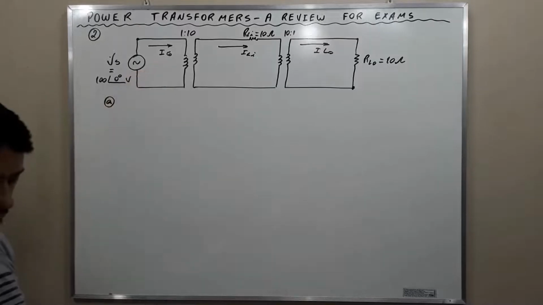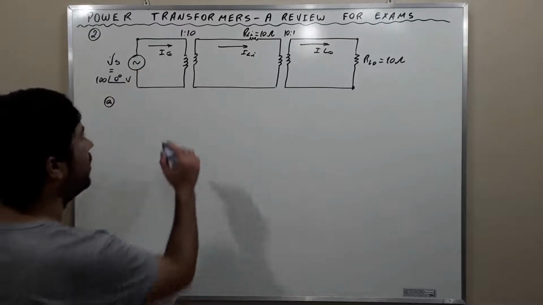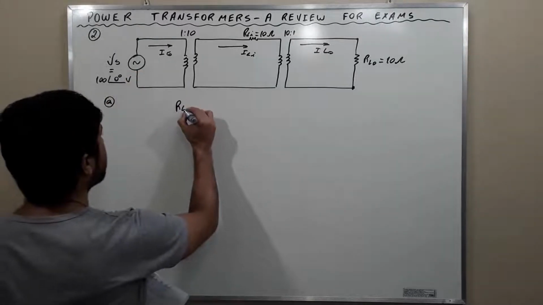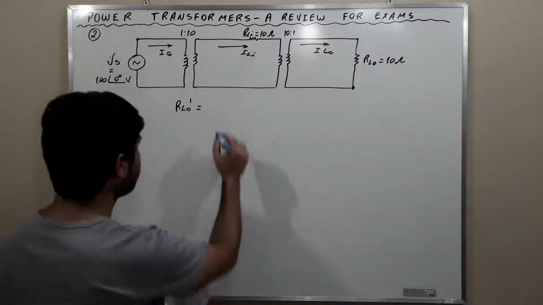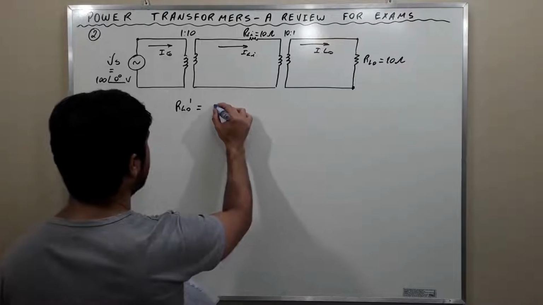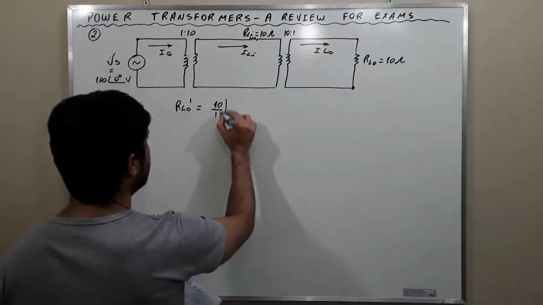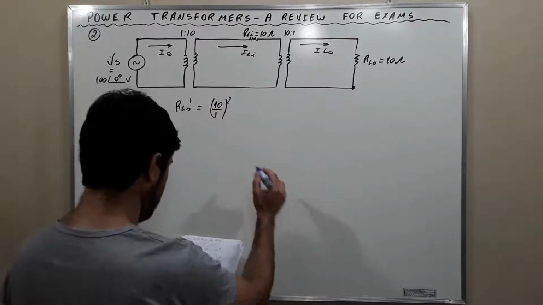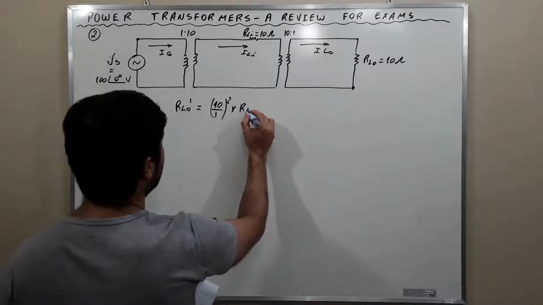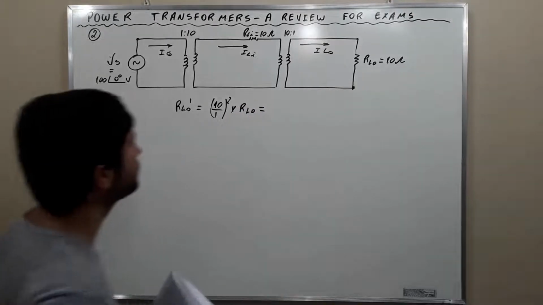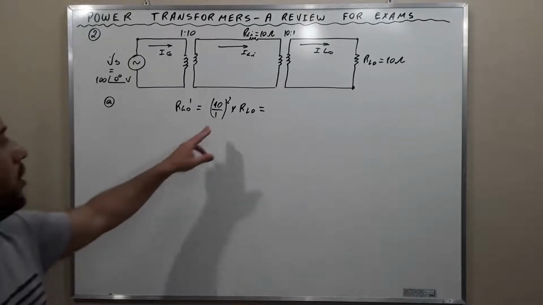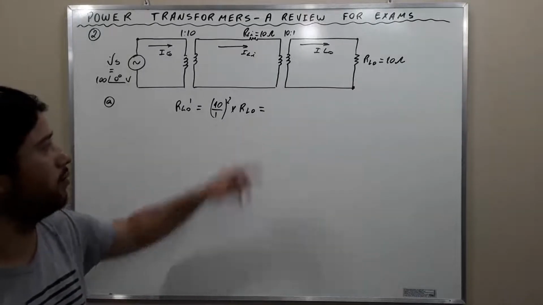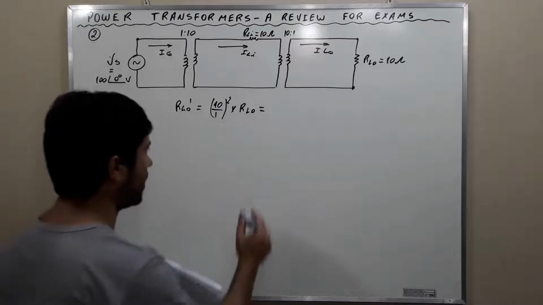R low prime is going to be 10 to 1 squared times R low. It is going to be 100 times this, which is 1,000.